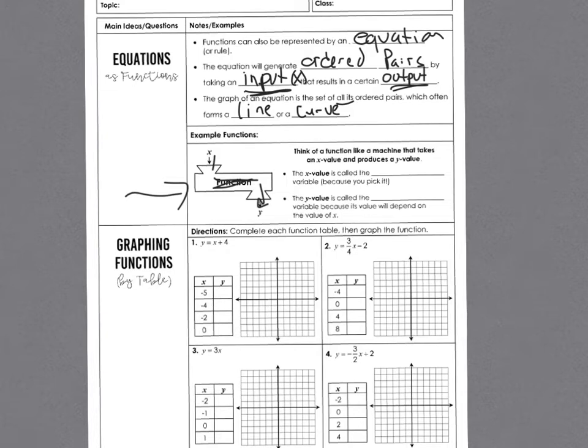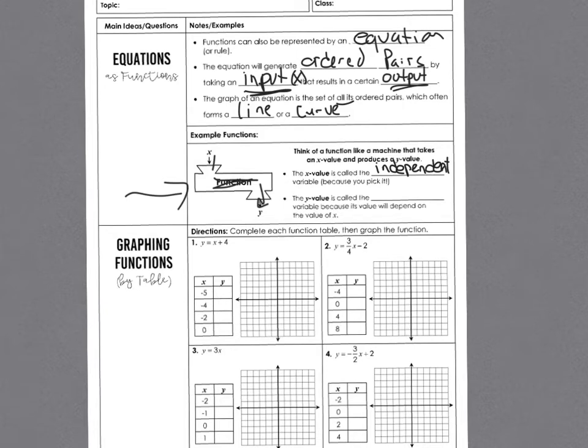All right, the x value is called the, I know it's domain, but it's the blank variable. Do you remember yesterday we said domain is independent? Okay.